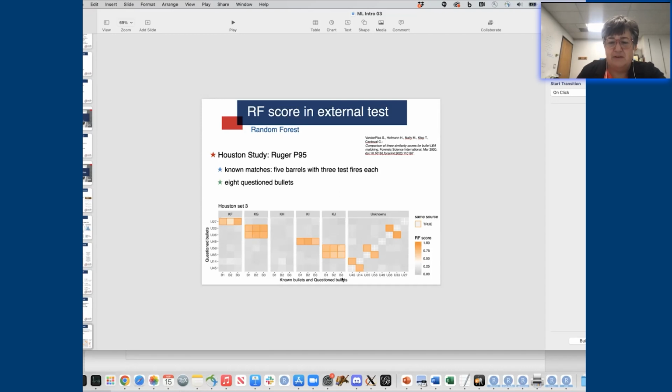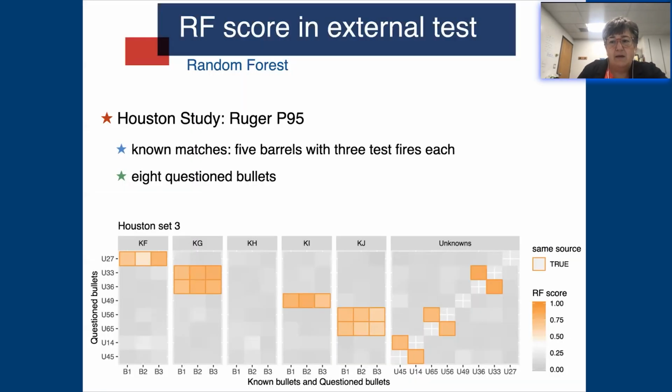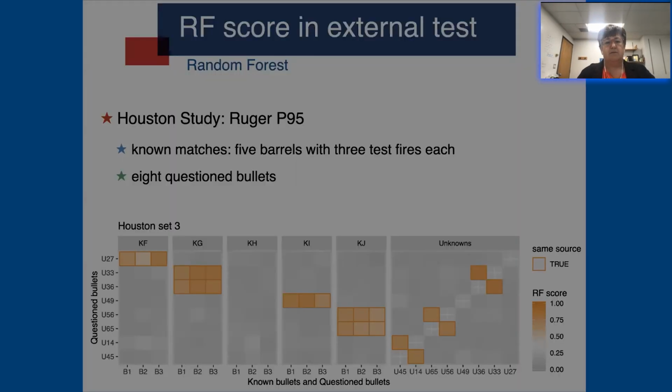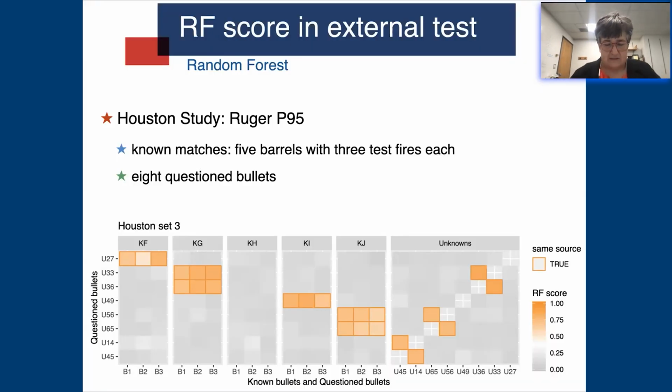I absolutely agree. The reason why there are 3 test fires is just that the study was set up that way. Each kit consisted of 3 test fires for 5 barrels, and then 8 question bullets.